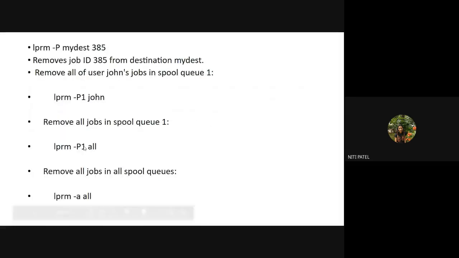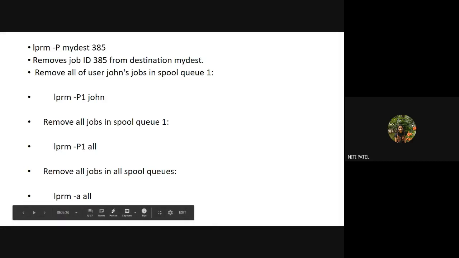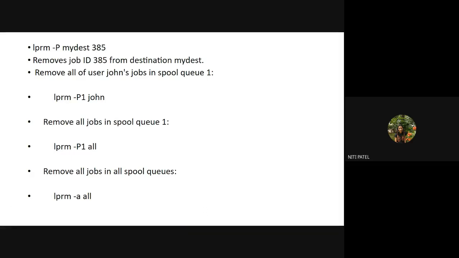Next, if I want to remove all the jobs in all the spool queues, that means all the jobs given to all the printers in the network, what I do is lprm -a all. So this will not see which printer it is, it will not see which file it is, it will straight away remove all the files, and it will stop printing of all the files on all the printers over the network.